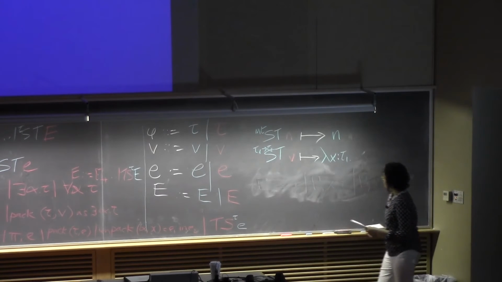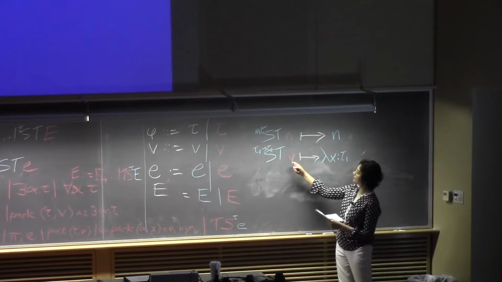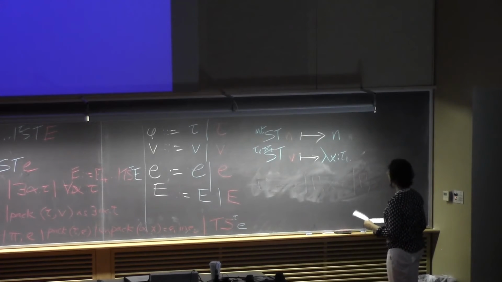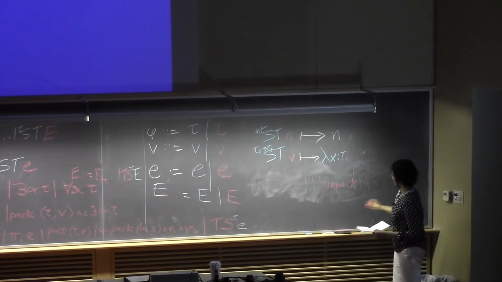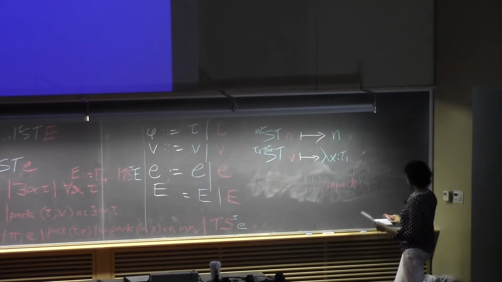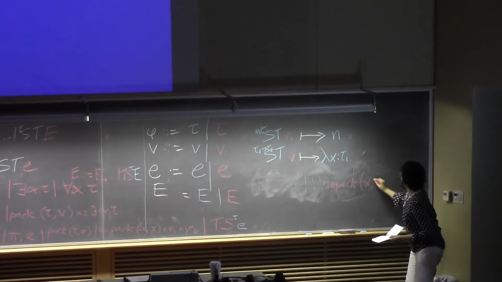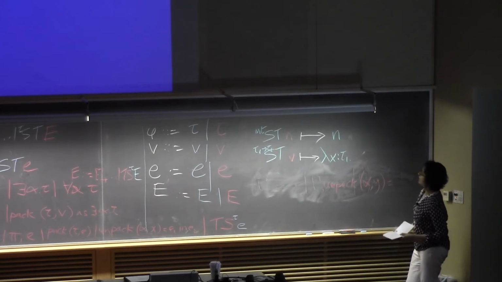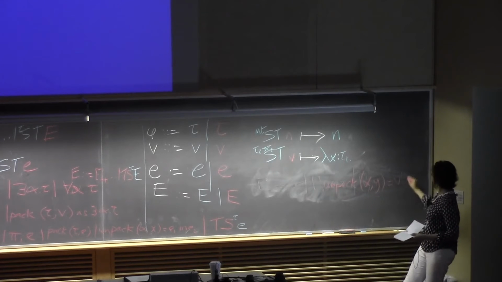So how are we going to do that? Well, we can take this pack, v, and we can unpack it. So let me start doing that right here. Unpack alpha, y. I'm going to unpack this pack, v, and then do something with it.